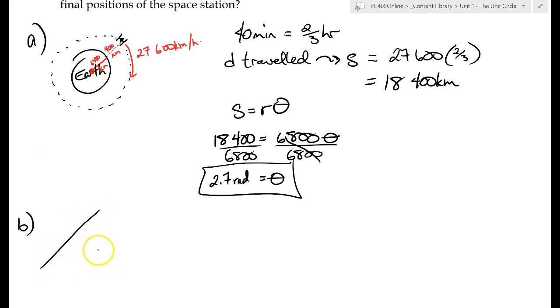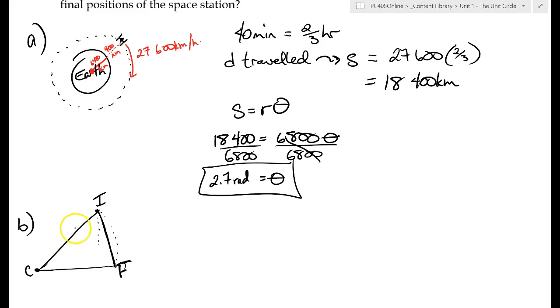It's gone from here to here, and so if I draw an actual line to it, I don't know that it's necessarily a right angle triangle, but I know that this is the center of the Earth. This was the initial position. This is the final position.